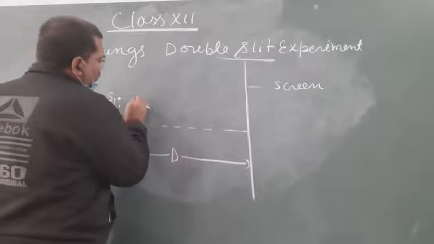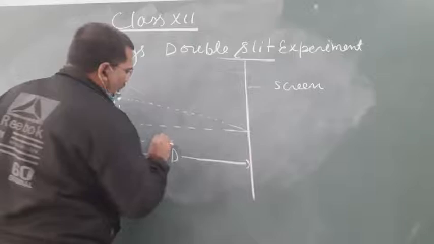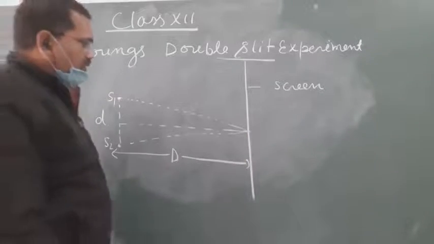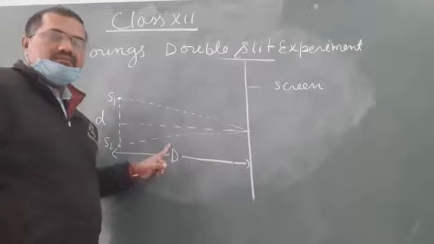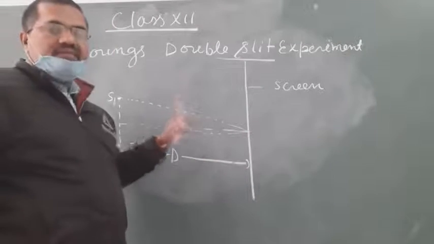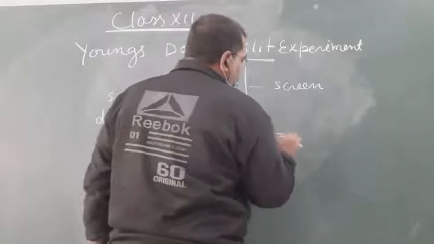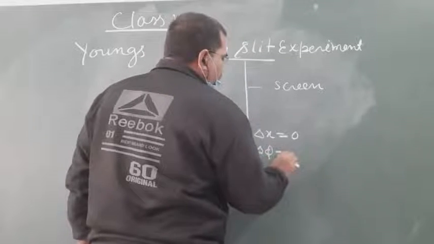When the waves travel like that, at this position both the waves travel the same distance, that is, the path difference between the two waves is 0.